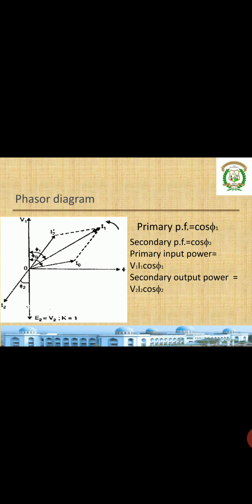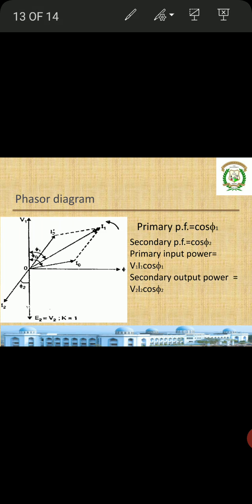So we can write primary power factor as cos phi1, and secondary power factor as cos phi2. Primary input power we can directly write as V1 I1 cos phi1, and secondary output power as V2 I2 cos phi2. This is for a practical transformer neglecting winding resistance and leakage reactances.